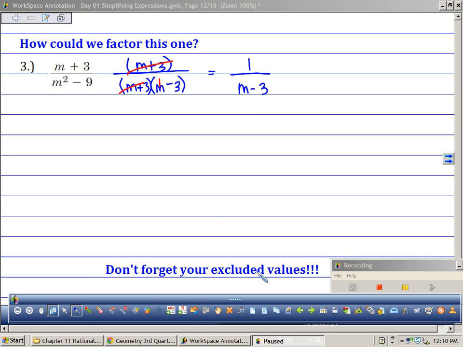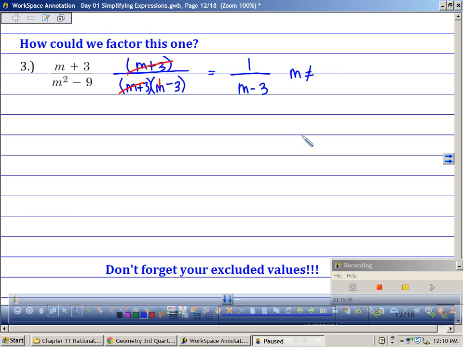But we can't forget our excluded values. Before I eliminated my m plus 3, what can m not be? Raise your hand. Explain it to me. Okay, so m can't equal 3, because that would make this 0.